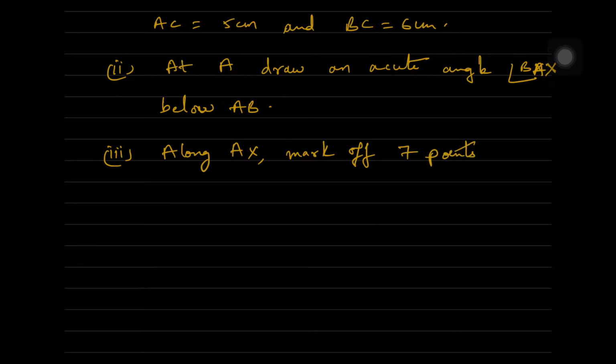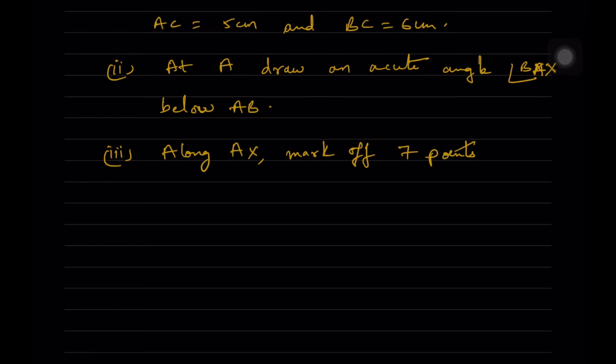Now here the numerator is greater than the denominator, so the scale factor is greater than 1. So you will get a triangle which is outside the original triangle. Whichever is the bigger number in the ratio, we mark so many points.